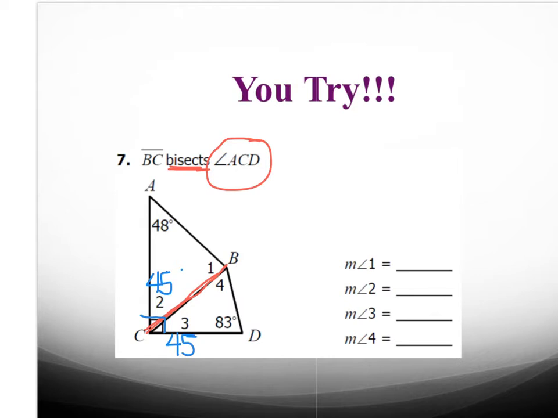So take a look at this. We have two angles in our top triangle, and we have two angles in our bottom triangle, and we know that all the angles add up to 180 degrees. So therefore, we're able to answer angle 1 and angle 4. And voila, here we go.